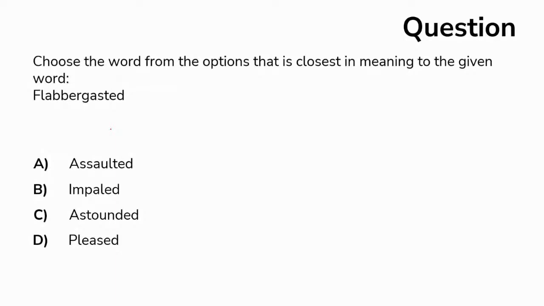Flabbergasted. So flabbergasted is same as astonished.